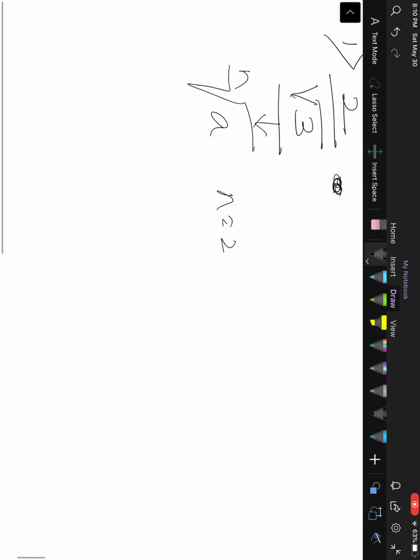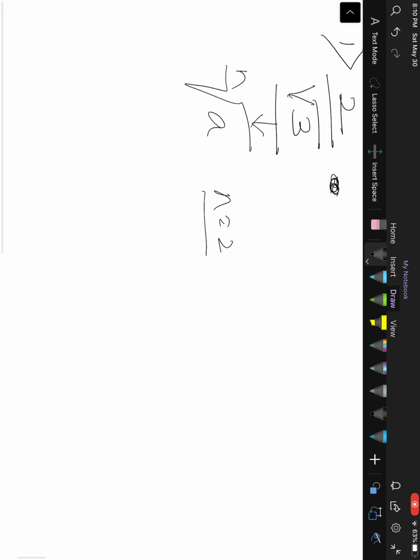So n is even, and we need to apply property number 5. To apply property number 5, I should make this a square, that means I should make it 3 squared. For that, I should be multiplying it by 3. But this has a root and this doesn't, so you cannot apply any property here.